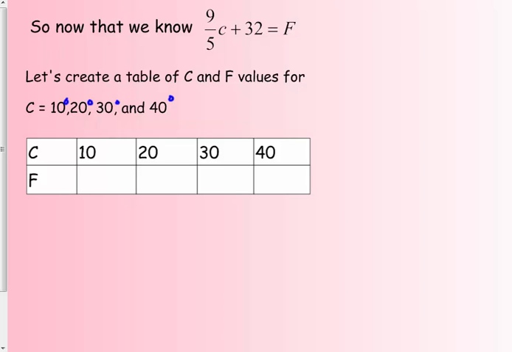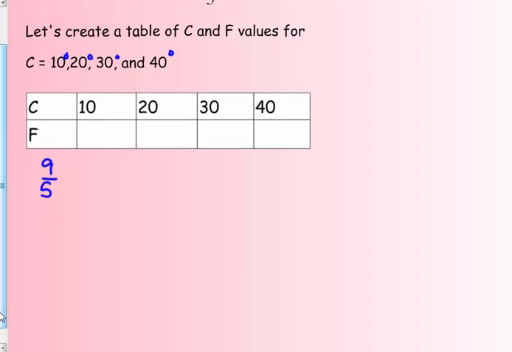So 9/5, plugging in C is 10 at first. So plugging in C is 10 plus 32 will give me my Fahrenheit. Well, 5 does nicely cross cancel into 10 twice, so I get 18. 18 plus 32 is 50, so my Fahrenheit degrees is 50.